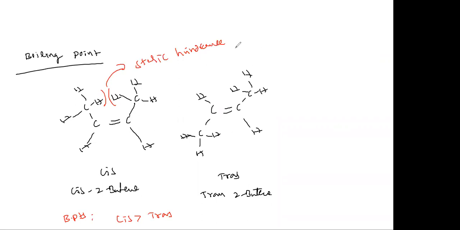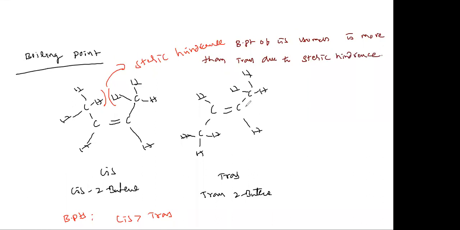Okay, boiling point of cis isomer is more than trans due to steric hindrance. Steric hindrance is present in cis, so this cis is always highly polar.